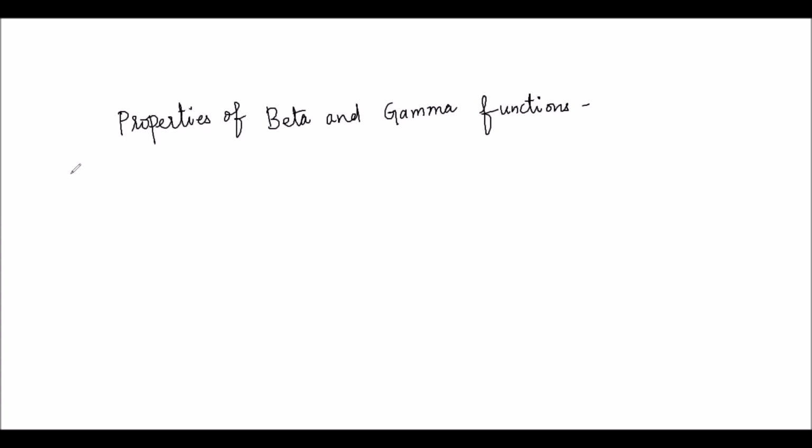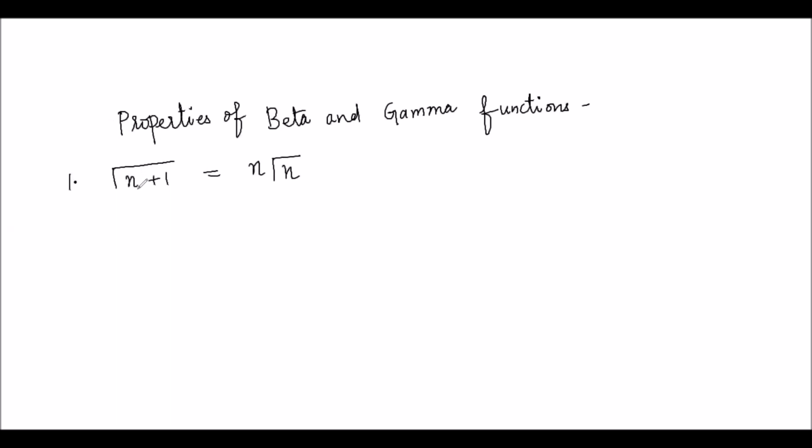The first property is the reduction property, and it is for gamma function. The property is that if we are finding gamma of n plus 1, then gamma of n plus 1 is n gamma n. And this property can be proved very easily with the help of integration. We will be considering the left hand side.